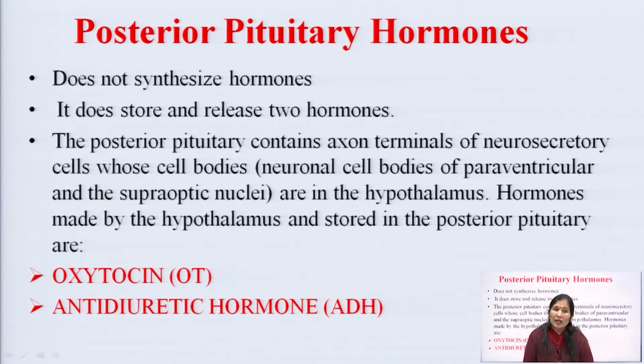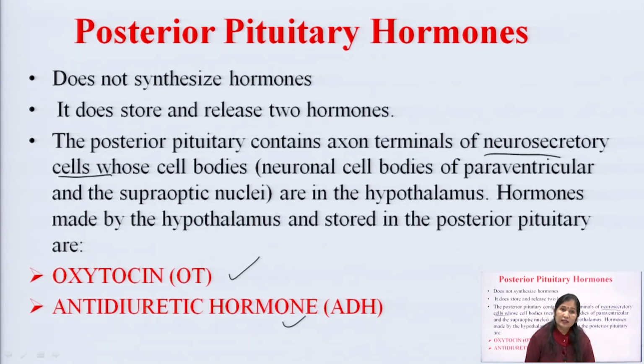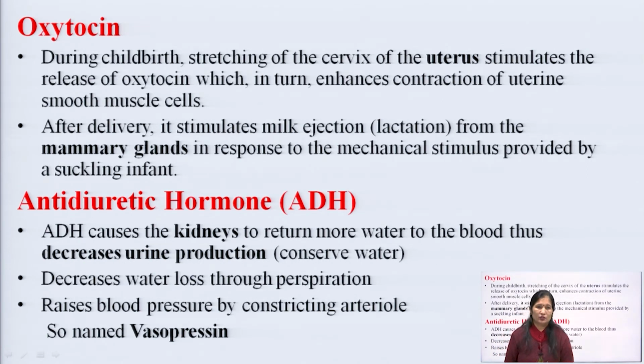These hormones are synthesized in the neurosecretory cells of the hypothalamus, then they are released into the posterior pituitary, and from the posterior pituitary they enter the blood circulation. Now, what are the actions of oxytocin and antidiuretic hormone?